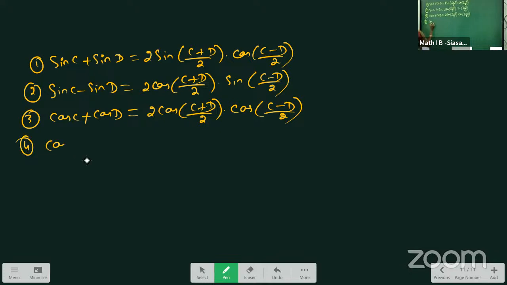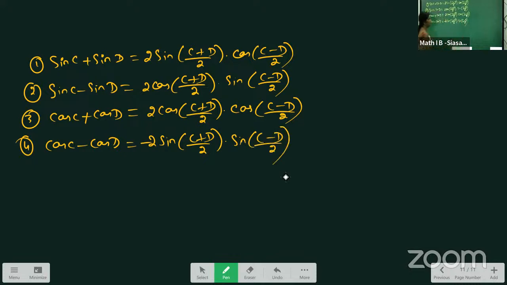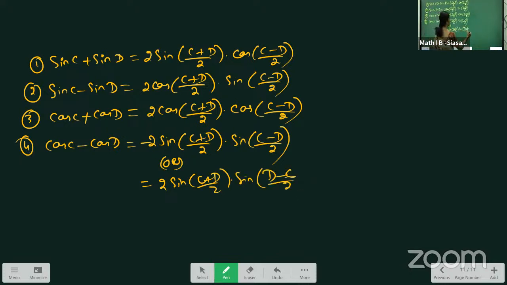Next, cos C minus cos D is equal to minus 2 sin of C plus D by 2 into sin of C minus D by 2, or you can write this as 2 sin of C plus D by 2 into sin of D minus C by 2 also.